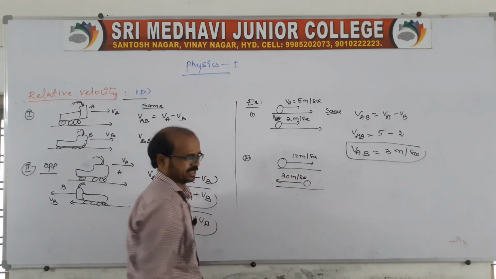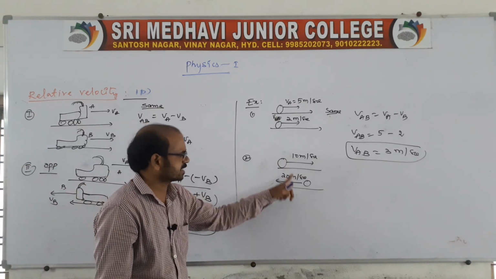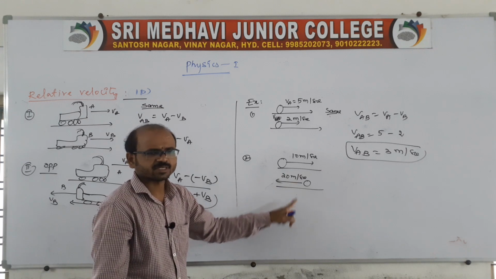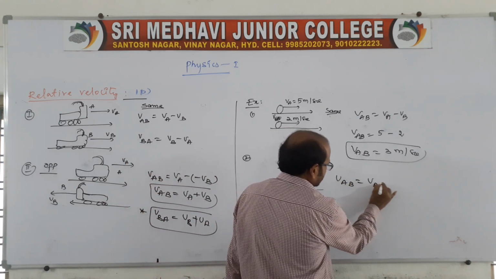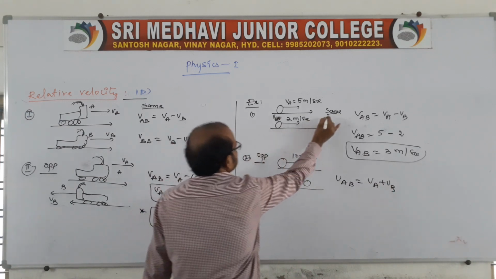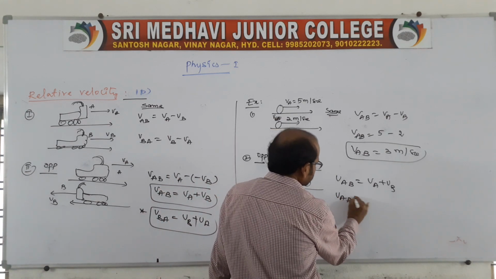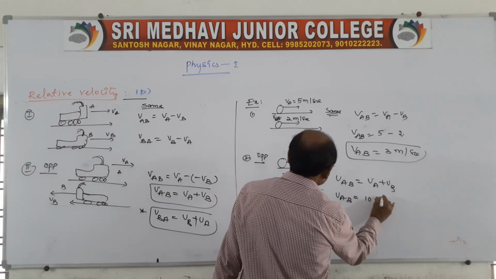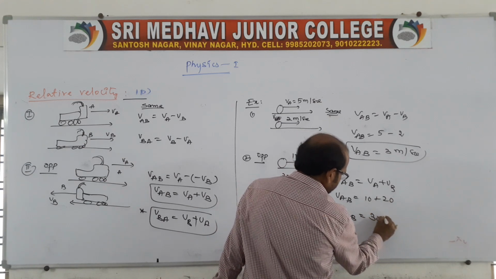Two trains are moving opposite to each other. A with respect to B is VA plus VB, because they are in the opposite direction, so 10 plus 20, and the relative velocity is 30 meter per second.